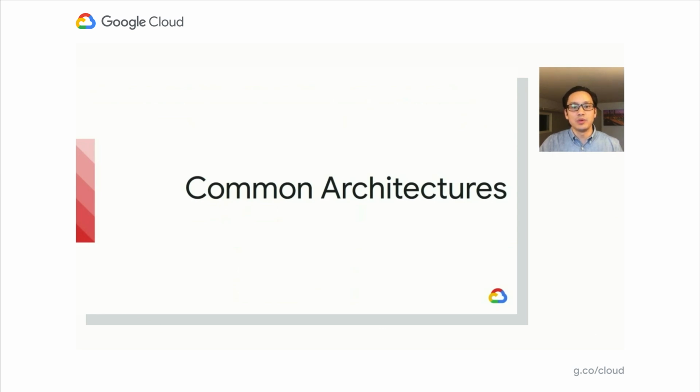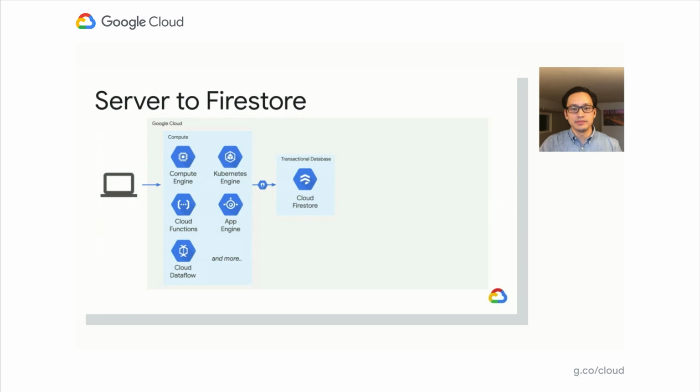Often, I get the question, how is Firestore used in practice? Let's go through 3 common customer architectures. Okay, let's say that you want to use Firestore for its serverless attributes, but you prefer to architect your solution utilizing a more traditional approach that utilizes compute services to govern access to the database.